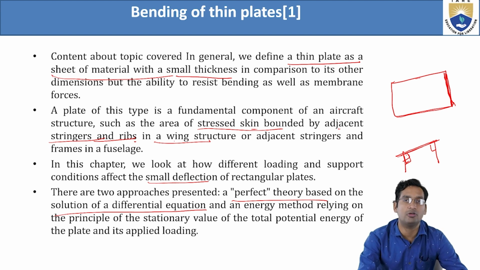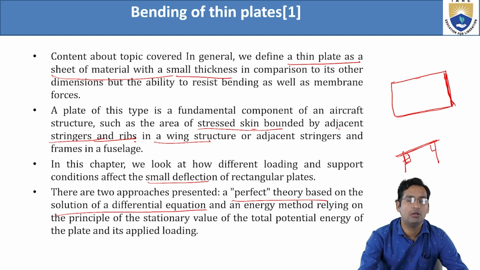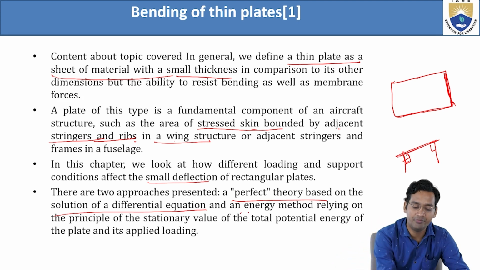In the previous chapter we also saw the energy method. Wherever a complex structure is there, we can go with the energy method and find the solution. Here again the structure can be complex, such as the shape of the skin, which may not be flat but bent or curved. For those we prefer the energy method.